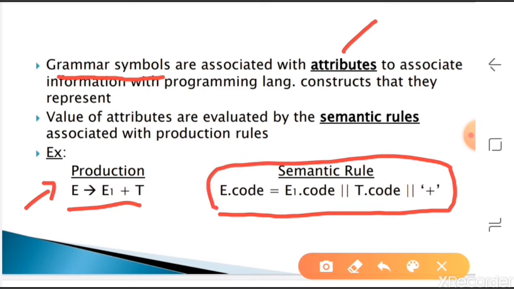It may have one rule or more than one rule. Whatever rule is there we call a semantic rule. These are for each production how to evaluate or pass the values from bottom to the top of the grammar symbol. For that purpose we will be using semantic rules.